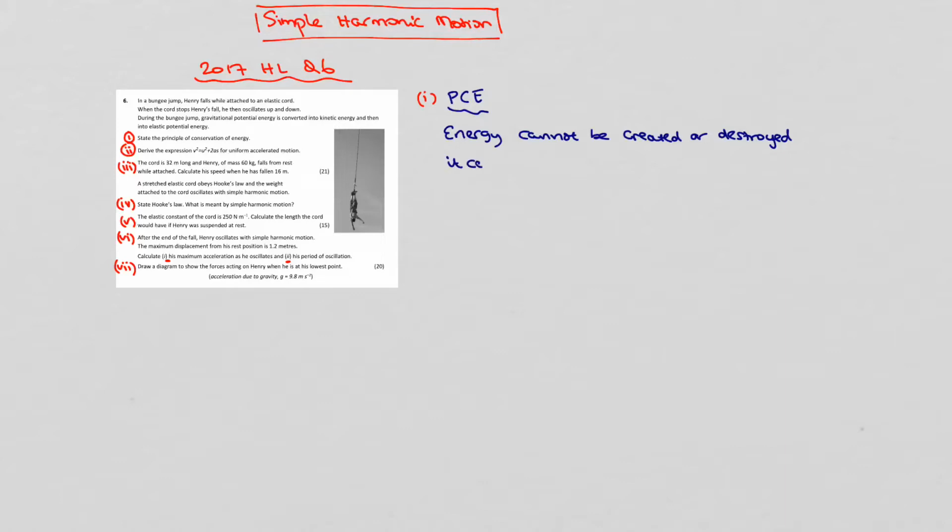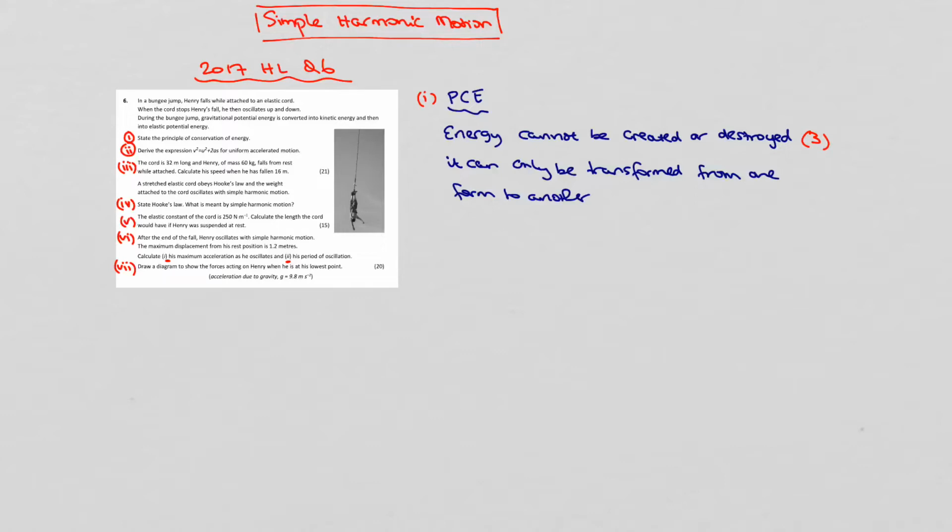It can only be transformed from one form to another. Okay, so as I said, most of the 3 marks are just going for energy cannot be created or destroyed.